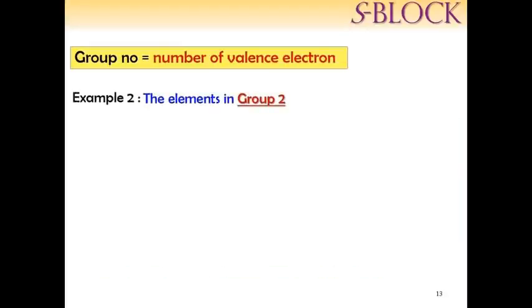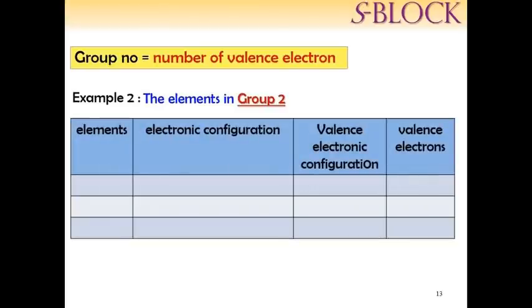Let's look at the other elements in group 2 that are in the s block. The group number is equal to the number of valence electrons, and examples of elements in group 2 are beryllium, magnesium, and also calcium.